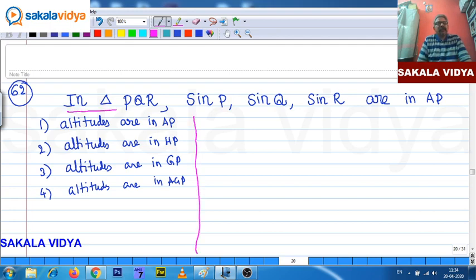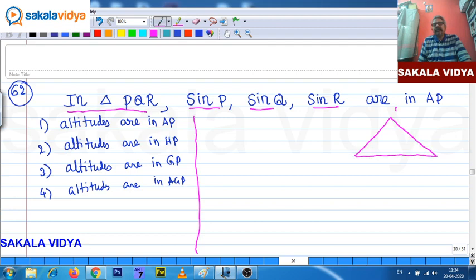in triangle PQR, sin P, sin Q, sin R in arithmetic progression. Then altitudes are in AP, altitudes are in HP, altitudes are in GP, altitudes are in AGP. So that means first of all, sin P, sin Q, sin R in AP. This is a triangle PQR. Let us construct a triangle PQR first.